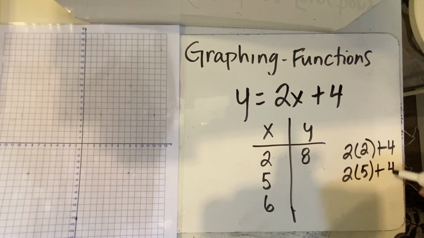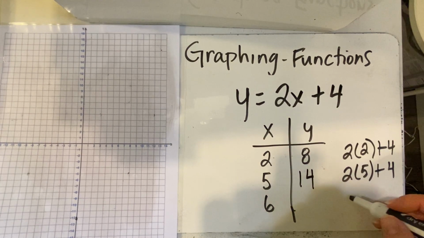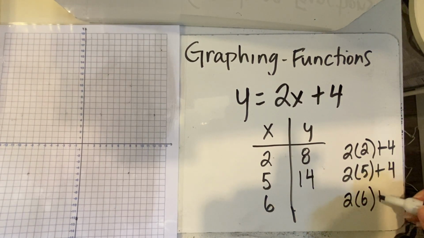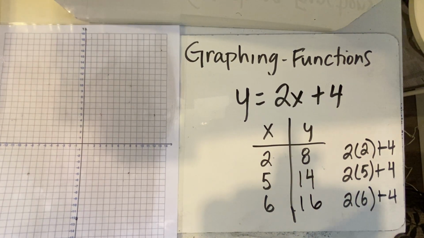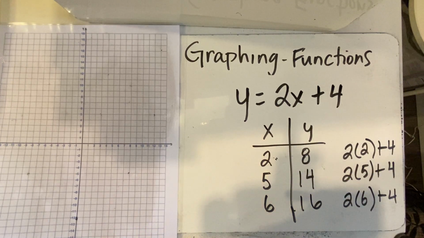Plus 4 is 10 plus 4 is 14. If I have 6, 2 times 6 plus 4, so that's 12 plus 4 is 16. So you can see again that I have a very specific y value when given a value of x.